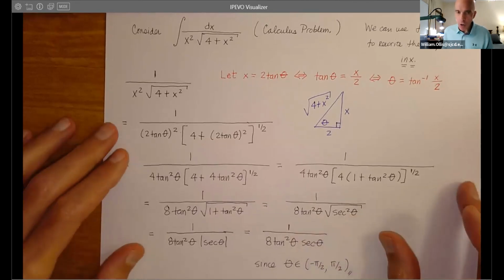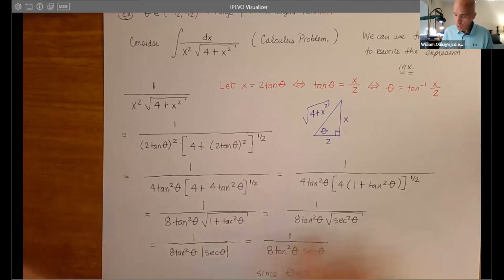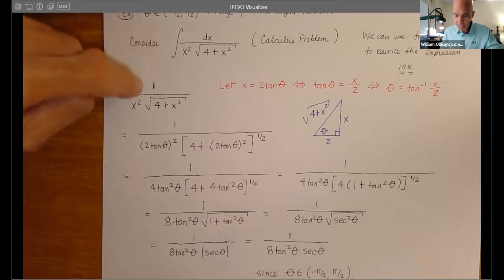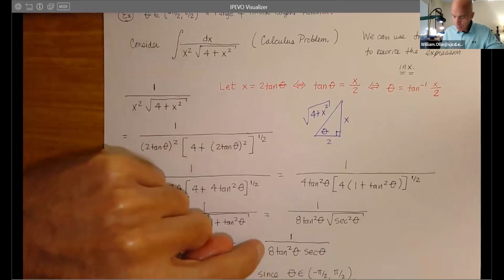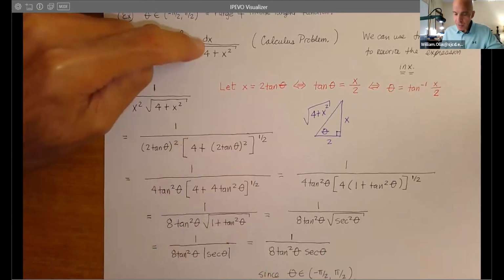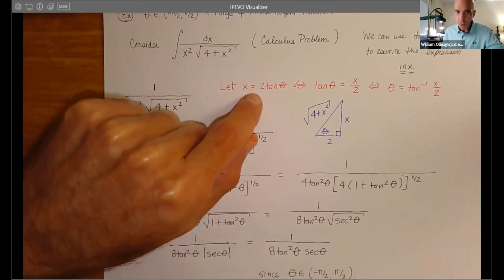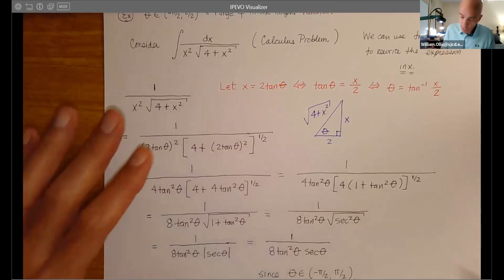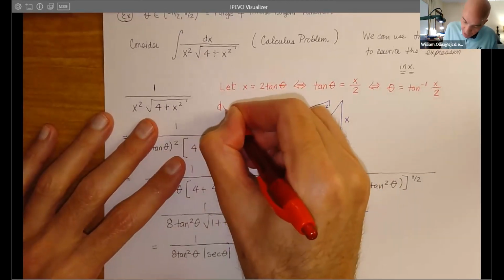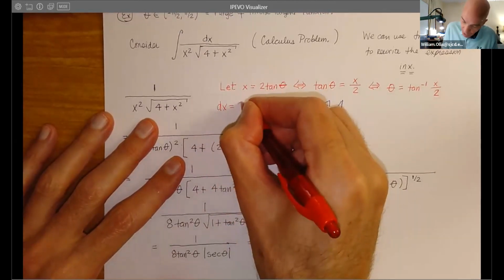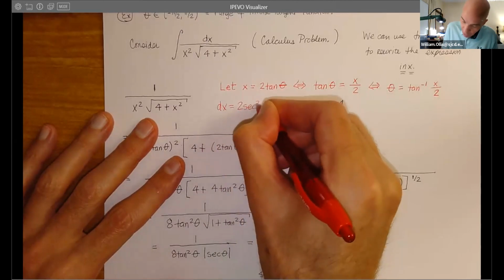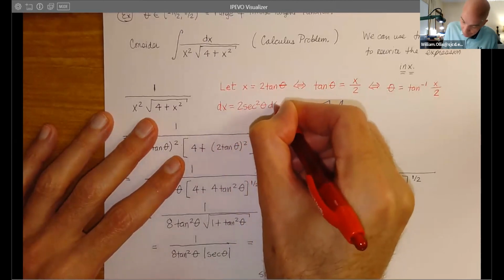And so now the only additional part that you'd have to do is replace this in the integral with this expression and then write the differential. In calculus, you'll learn how to write the differential of this. I'll just write it in for you. This is going to be 2 secant squared theta d theta.